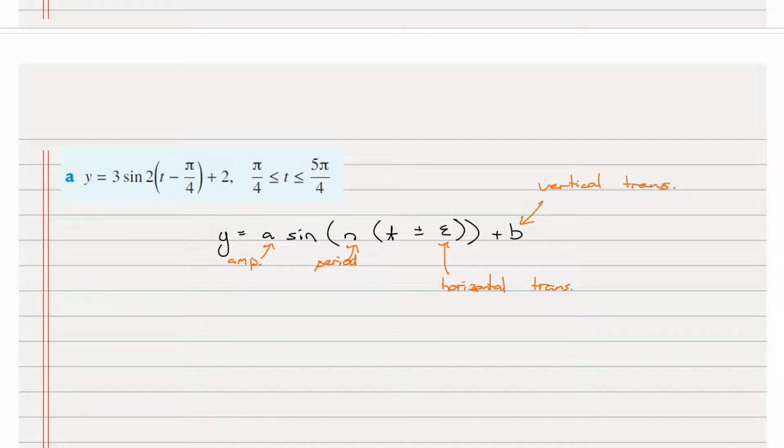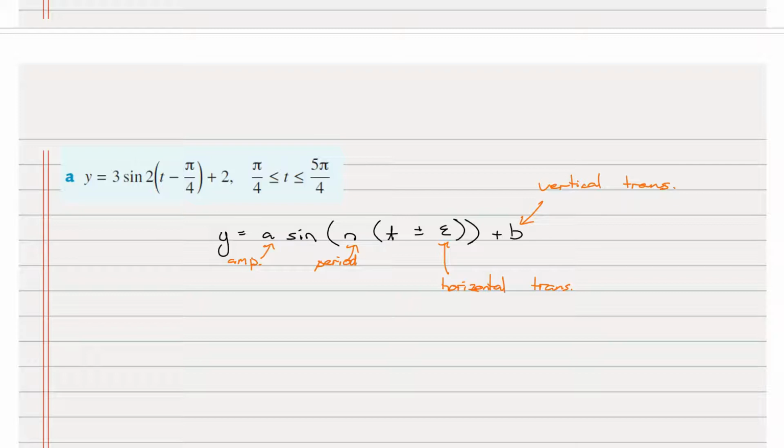So what we're going to find is that the amplitude and the period dilation affect the look of the function in that they compress and stretch the function about the x and y axes. And then we've got these new components, the horizontal translation epsilon and the vertical translation b.